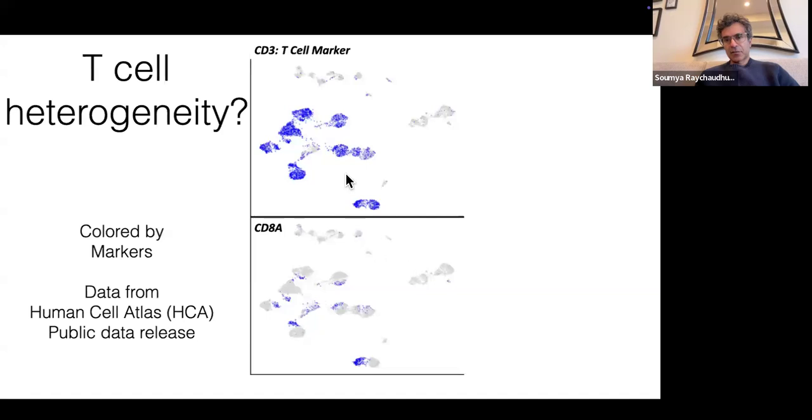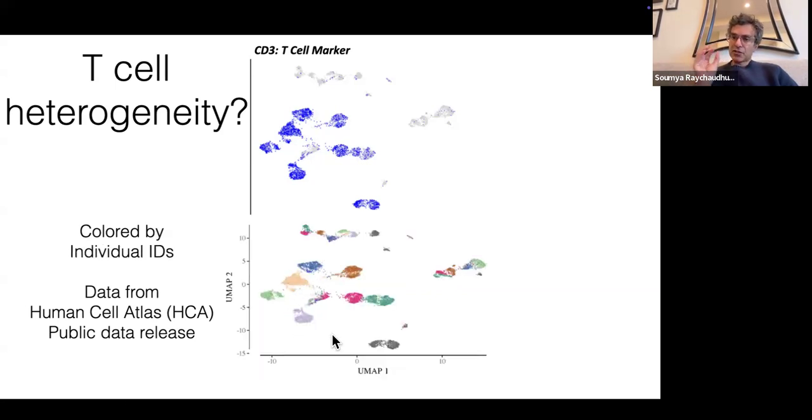You see that there's a bunch of different clusters of CD3 T cells. Some of them are CD8 positive, but if you color by individual, you see that the T cells from each individual person are kind of clustering out separately, which again is not ideal.